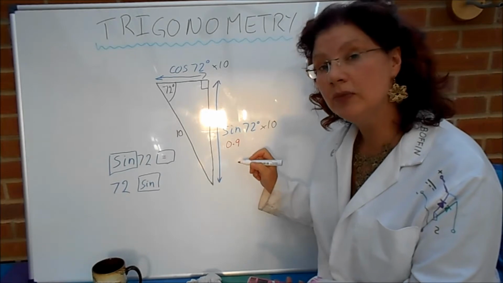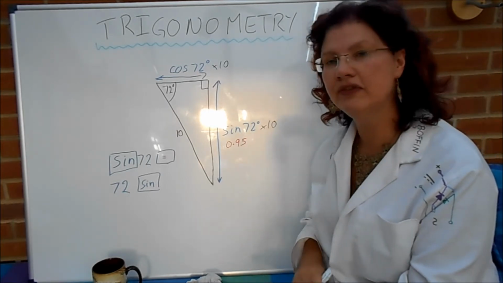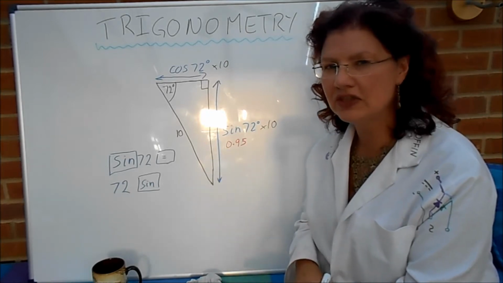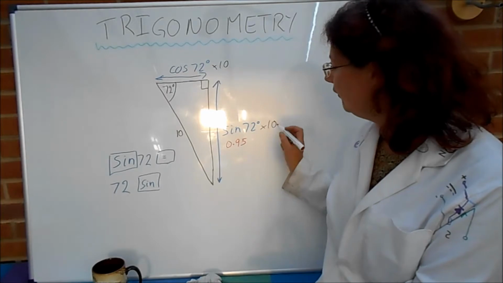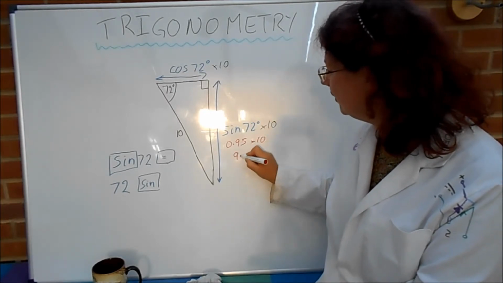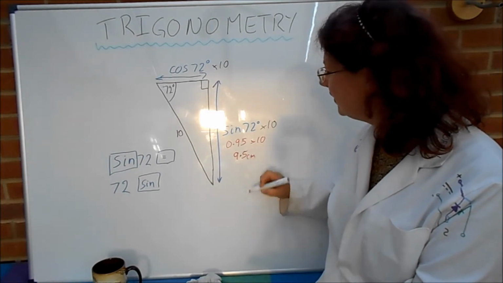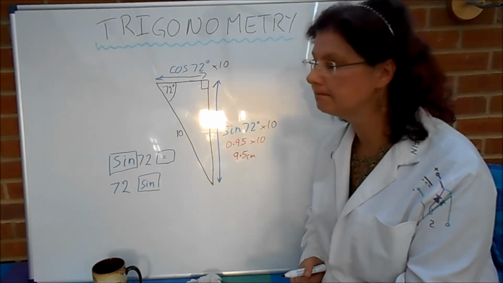Now, to 2 decimal places, we should have 0.95. There's a whole lot of digits after that, but we're not doing it to such a degree of accuracy. So 0.95, so when we times it by 10, we should get 9.5 centimetres. So measure your side, and it should be 9.5 centimetres.